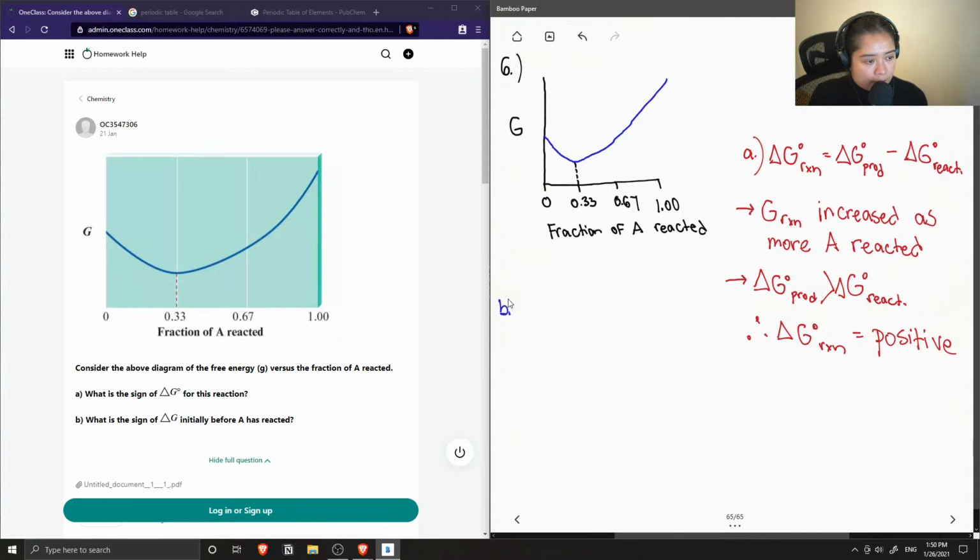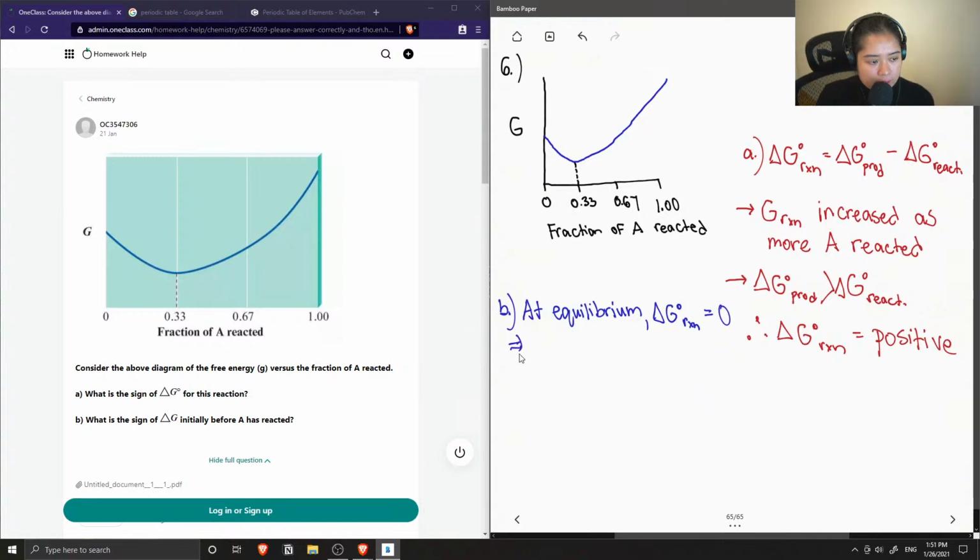And then for part B, I'll write over here, what is the sign of delta G initially before A has reacted? So first, let's find our equilibrium point, which is the minima in our graph. So at equilibrium, delta G of our reaction is equal to 0.